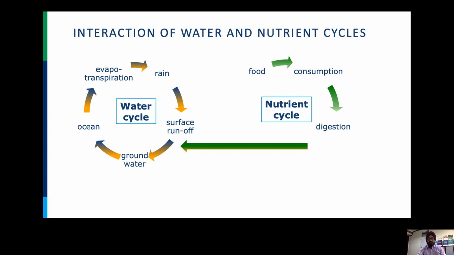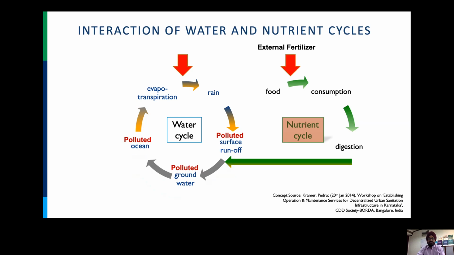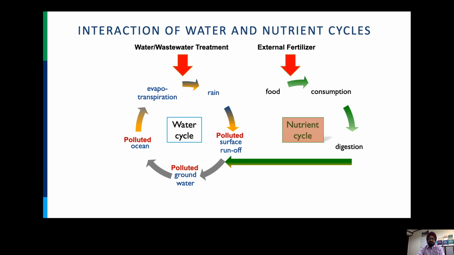So untreated or undigested fecal sludge or human waste or other food waste directly goes and contaminates the water cycle and doesn't enter the nutrient cycle. So it leaves the nutrient cycle also diminished and it also affects the water cycle. So on the nutrient cycle, we have to add external fertilizers, and on the water cycle, we have to install treatment systems.